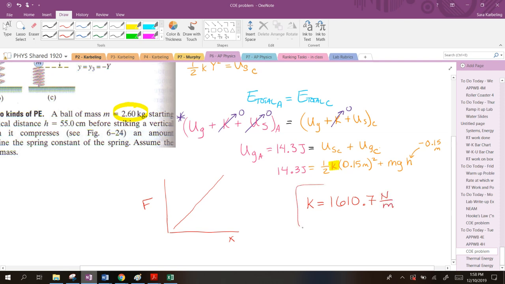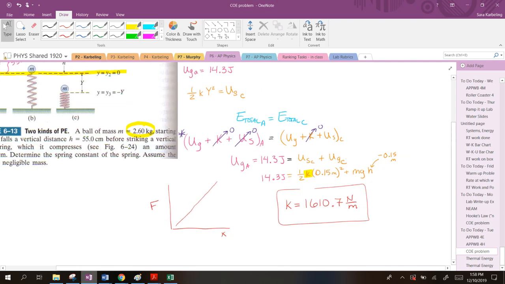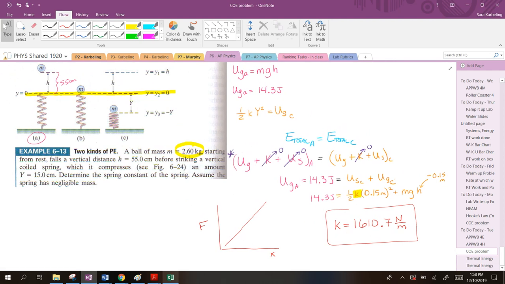So what does this mean? Because we haven't really processed a question like this before. We've never actually calculated K before. What does this mean? It means that it takes 1,600 newtons of force to compress a spring a meter. Does that make sense? To compress a spring this far.